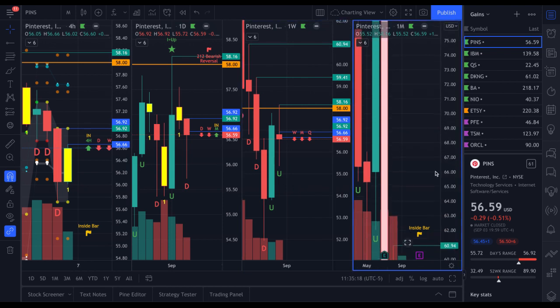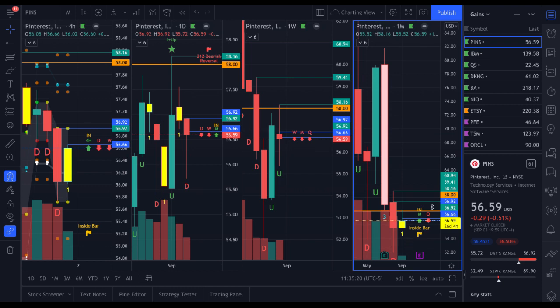So that 60.94 is the top of this two down, at which case we would go 2-up on the month. So 2-up on the month at 60.94, and we'd be looking at a 3-2-2 bullish setup in this case, where we take out the high of the previous month, that was a two down, and we could target all the way up here.